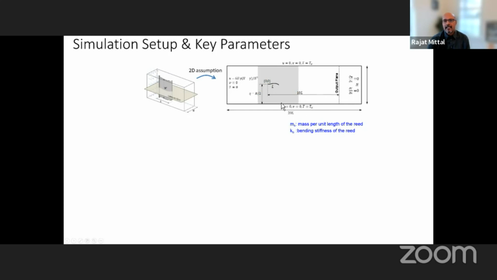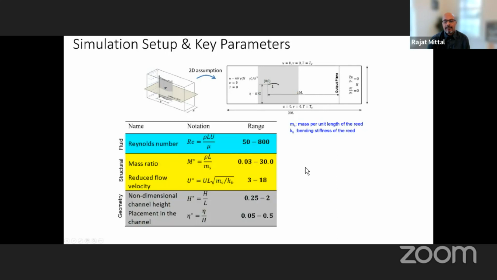The parameters in this problem include the Reynolds number, and we wanted to keep it really low because that's the challenging part: how do we enhance heat transfer when the Reynolds numbers are really low and turbulence is not available as a modality to enhance heat transfer?